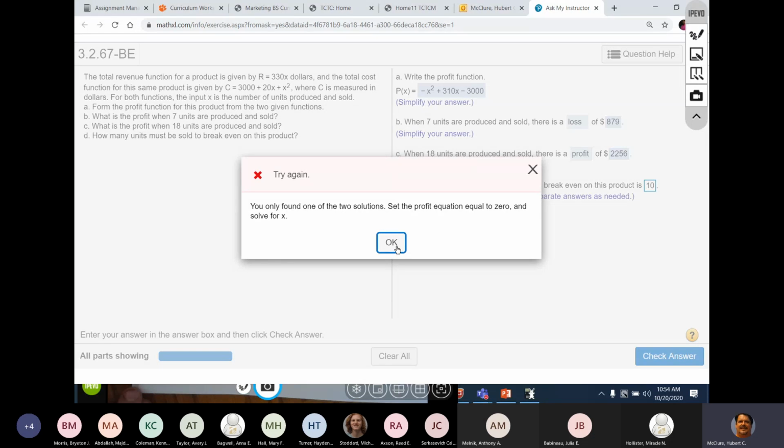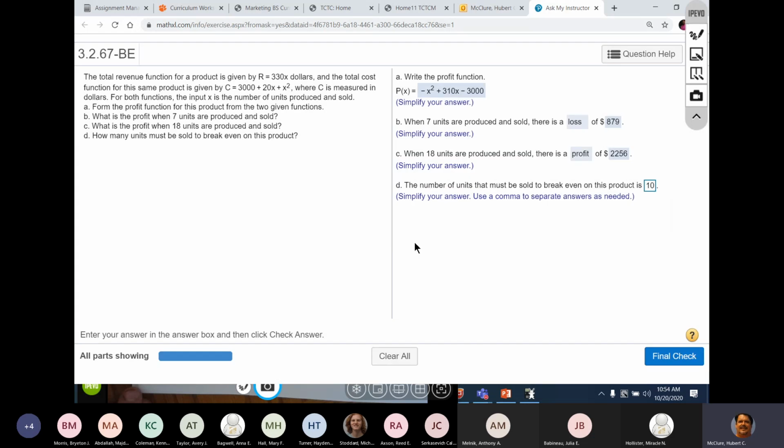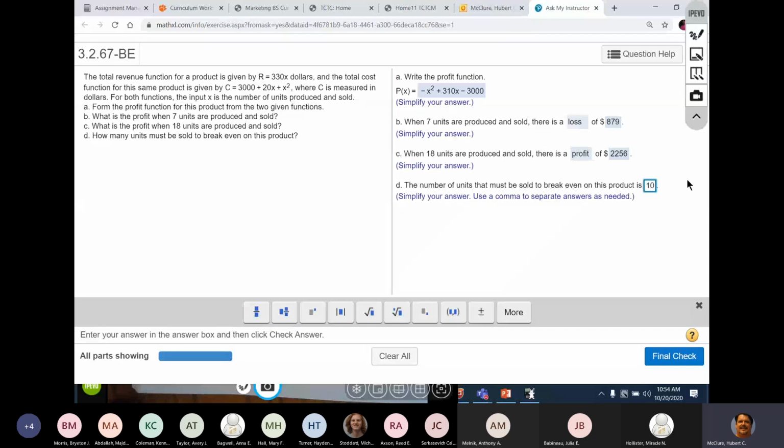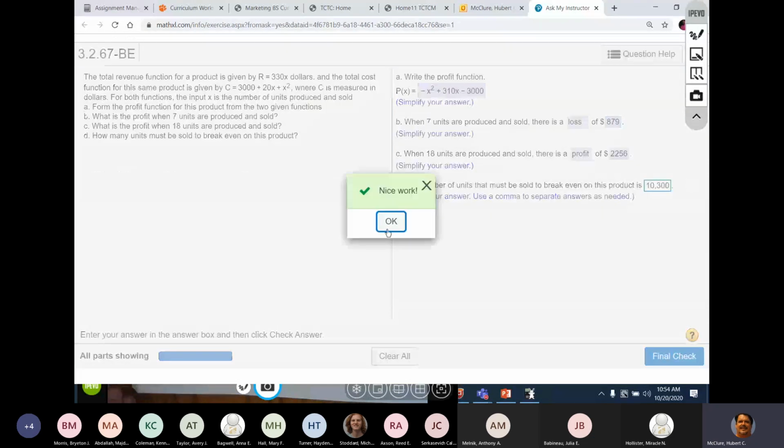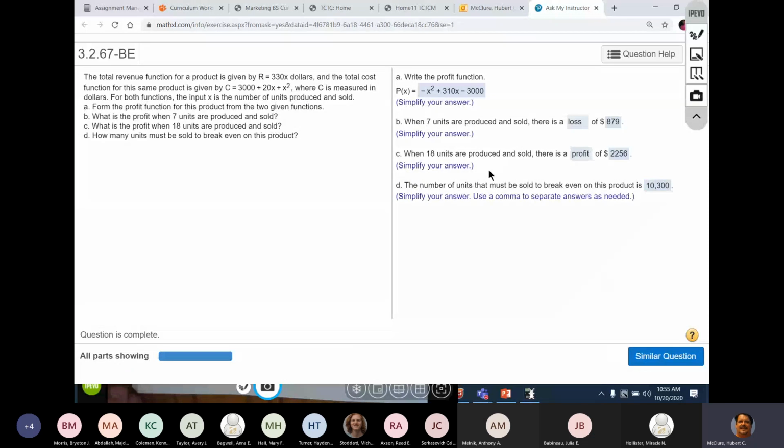Oh, that's the X-intercepts. So it should be 10, comma 300. There we go. Remember, break even on this chart is your X-intercepts. That's a good question. It's a good test question, and you should feel good about yourself.